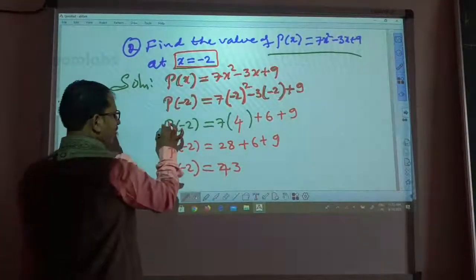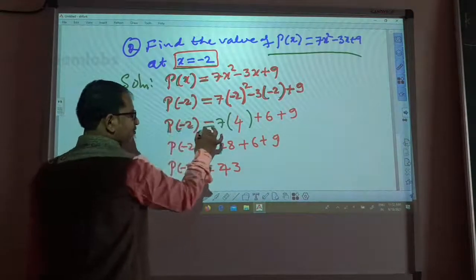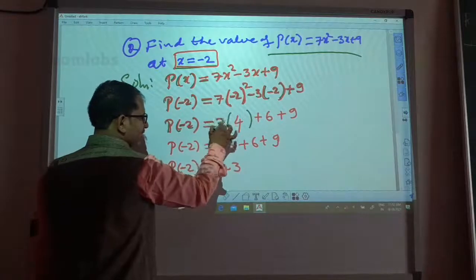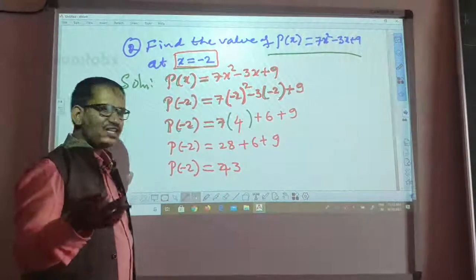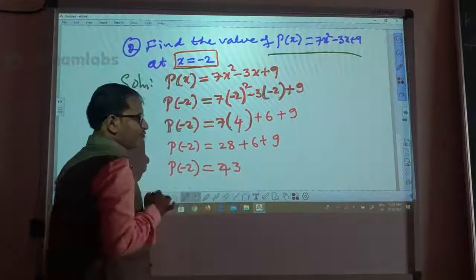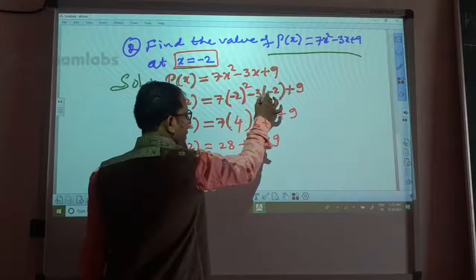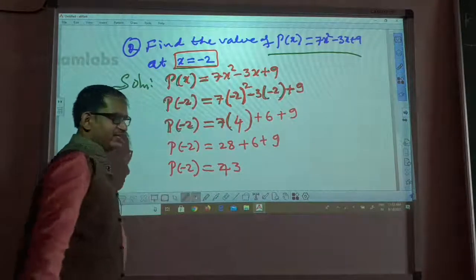Next, p of minus 2 as it is, which is equal to 7 as it is, minus 2 whole square. Minus 2 into minus 2 is 4. So we will write plus 4 or 4 as it is. Then minus into minus is plus. 3 twos are 6, plus 9 as it is.